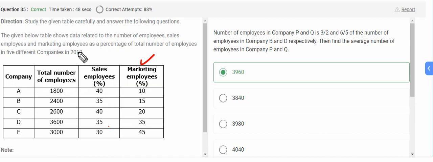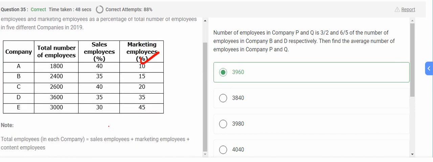Now suppose if I want to find out the sales employees of company A, how can we find? We'll have to take the total number of employees and find 40% of it, because this column says that 40% of the total employees working in company A are in the sales department. Likewise for marketing, similar logic will be applied.